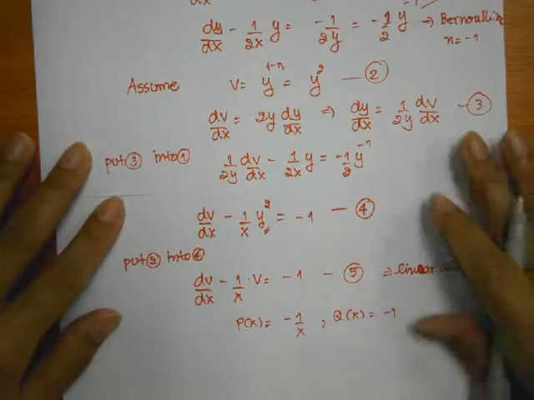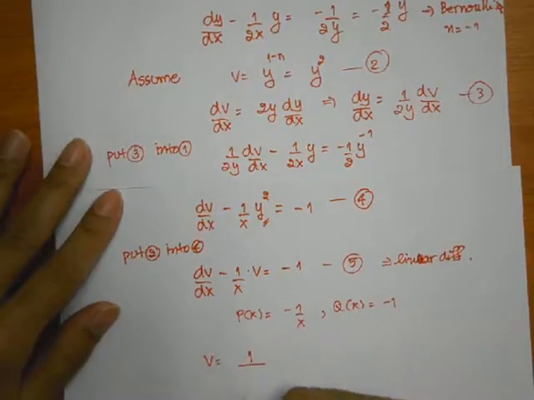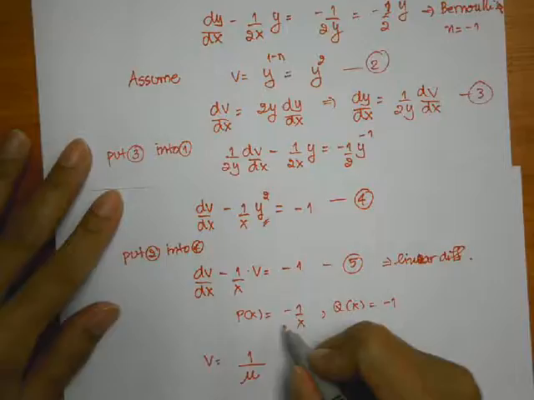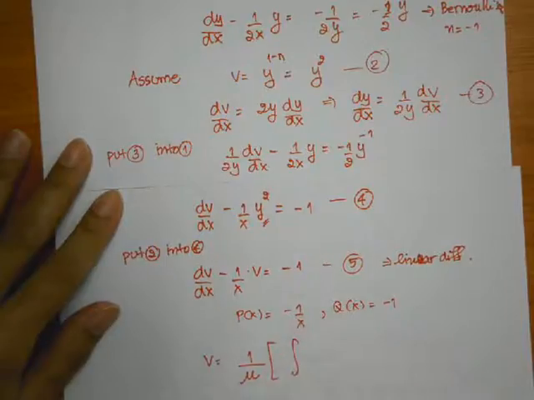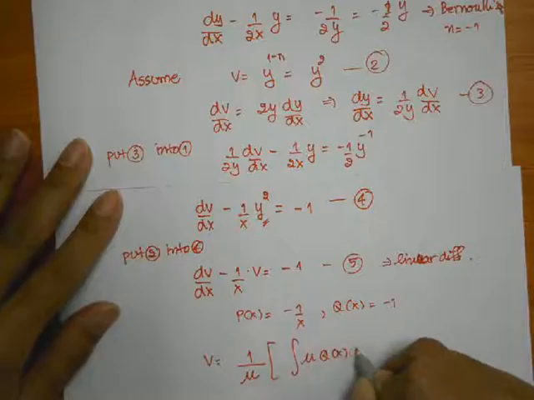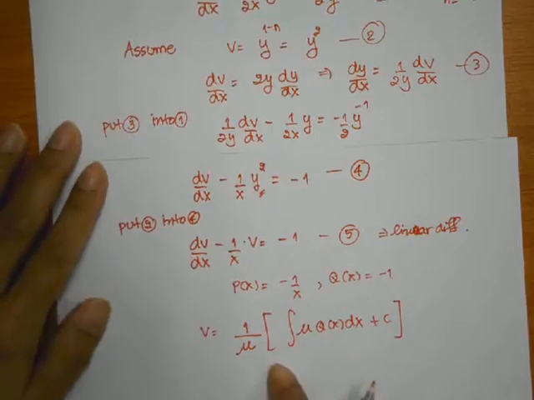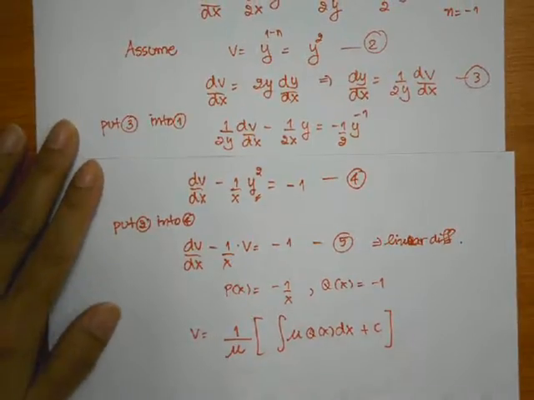So now we can find v equal to 1 over the integrating factor times the integral of the integrating factor times q(x) dx plus a constant. If we know the integrating factor, then we should be able to find v as a function of x.